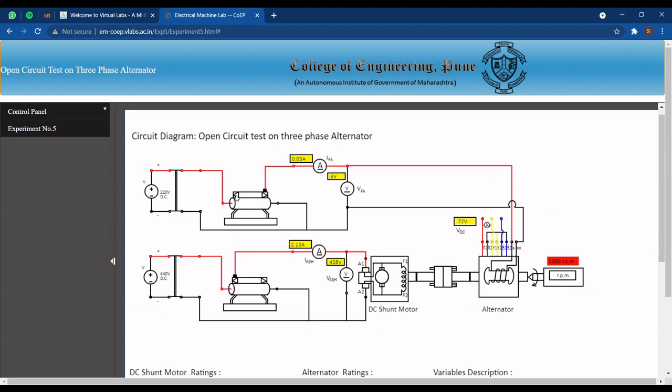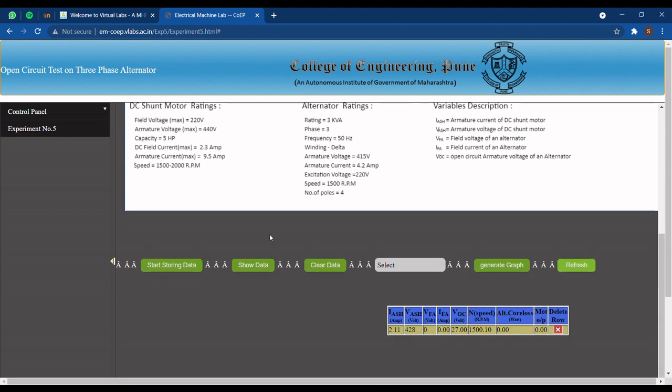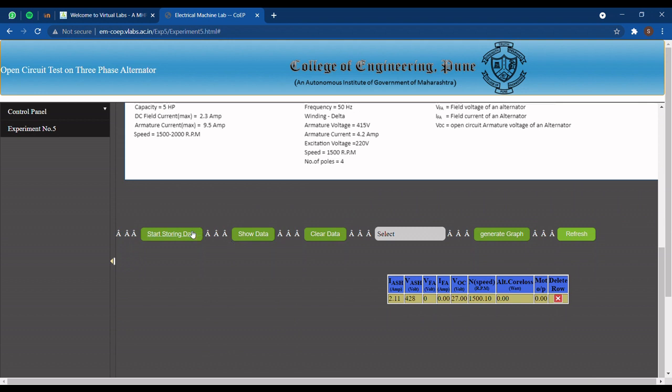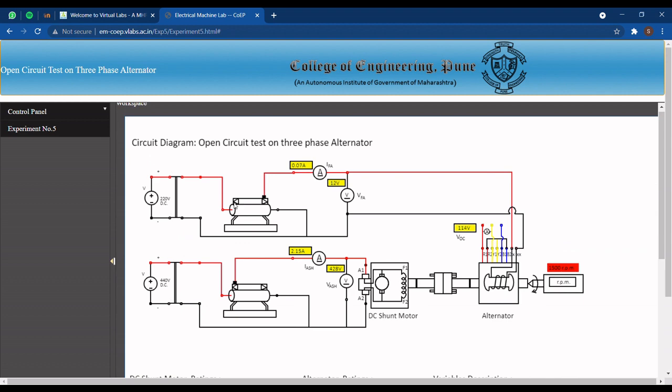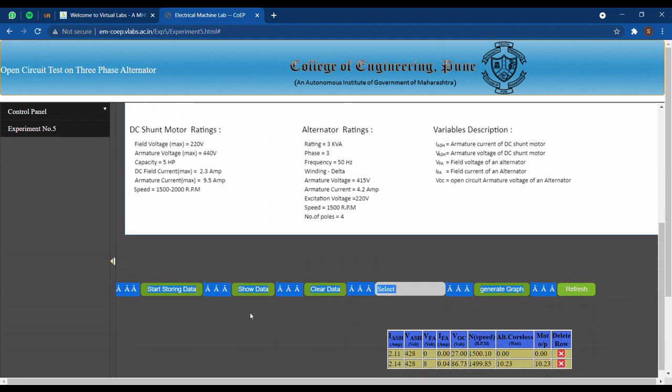Gradually increase the field current of the alternator and note down the readings. You have to note down the field current and the open circuit alternator voltage. To plot the graph, we need 10 to 15 readings.